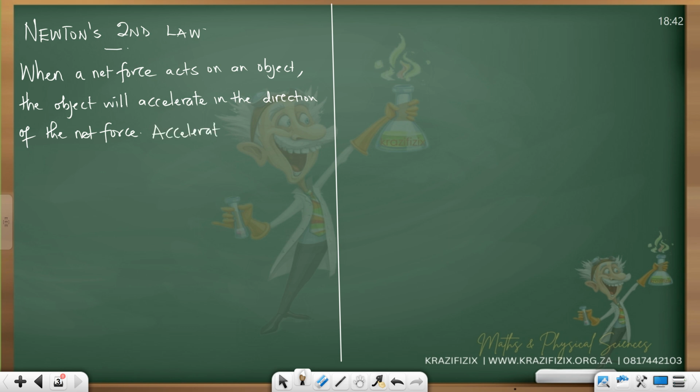Acceleration is directly proportional to the net force and inversely proportional to the mass.